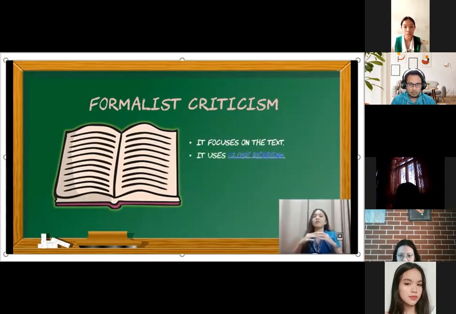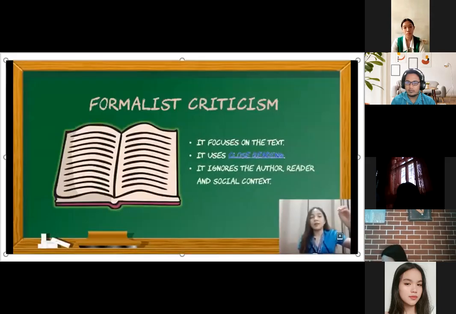Now, when we say formalist criticism, it uses close reading. When we say close reading, we are going to be reading the text word by word because formalist critics believe that every word has a relation to one another, that these words are correlated. Words have relationships.